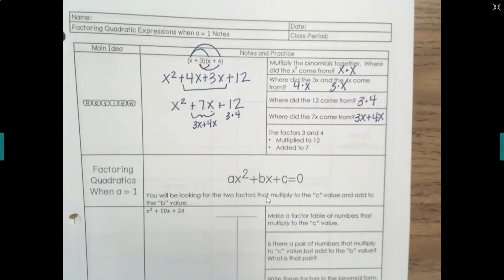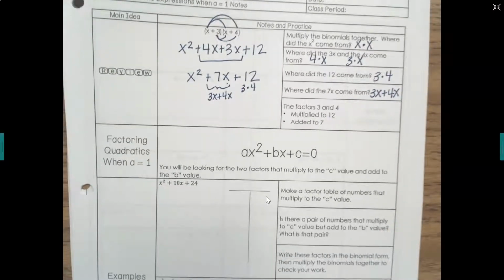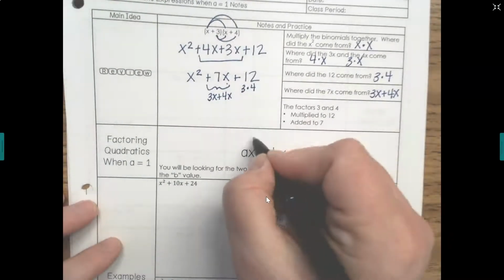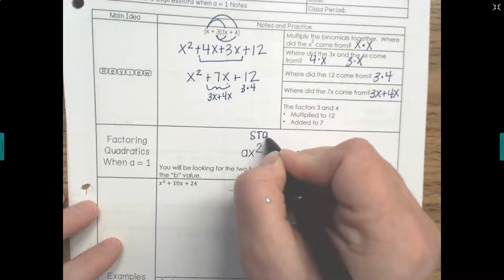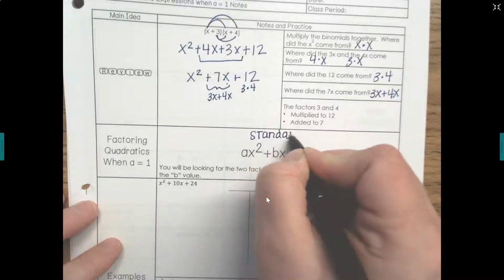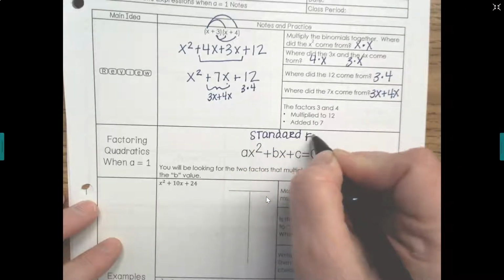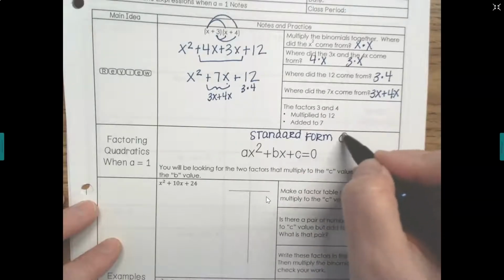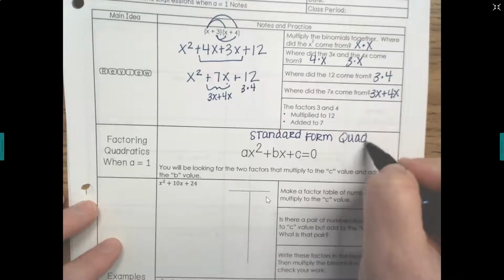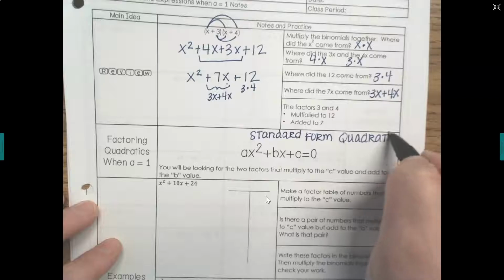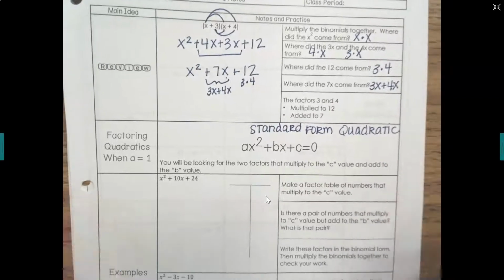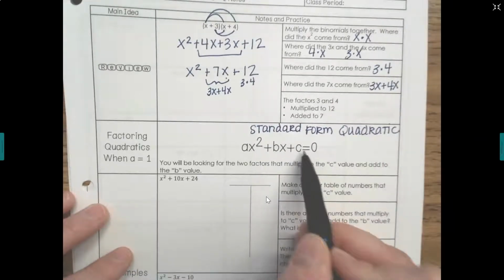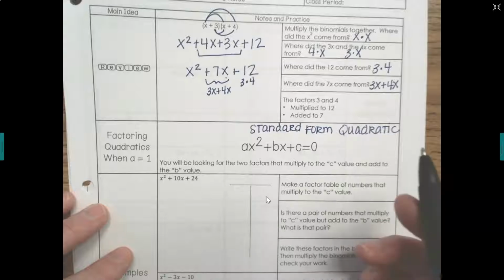Okay? So when we factor, we have this standard form of a quadratic. That is ax squared plus bx plus c equals 0. Okay, so this is our standard form where a, b, and c are numbers. They're coefficients.